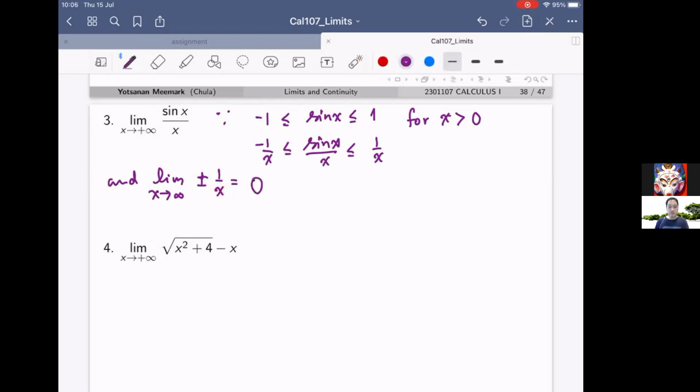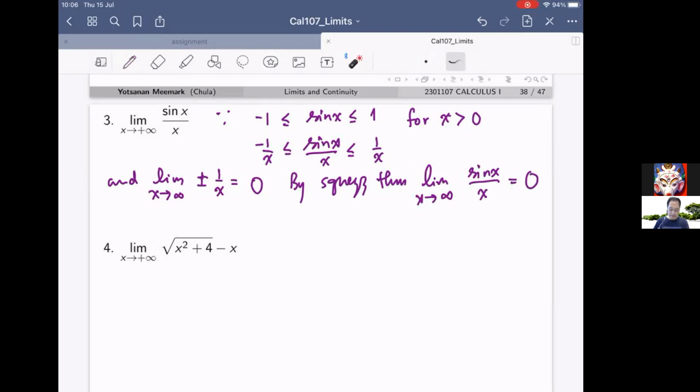So it goes to 0, right? Either way, positive or negative, because 0 has no sign. So by the squeeze theorem, we can conclude immediately that as your x goes to infinity, sine x over x will go to 0. Okay, it will go to 0.